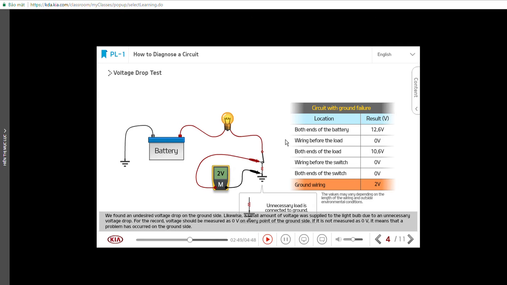We found an undesired voltage drop on the ground side. Likewise, a small amount of voltage was supplied to the light bulb due to unnecessary voltage drop. For the record, voltage should be measured as 0 volts on every point of the ground side. If it is not measured as 0 volts, it means that a problem has occurred on the ground side.